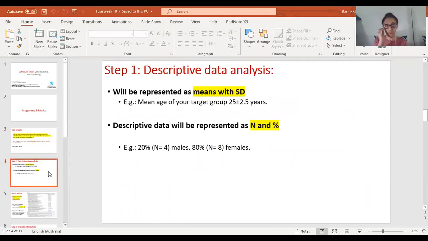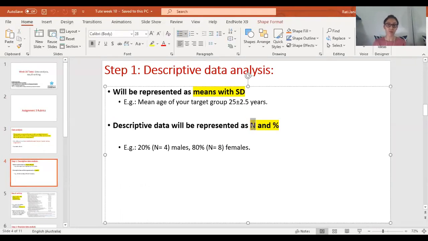Then before I go to the SPSS analysis, the very first table which you will be reporting is descriptive data analysis. So what is descriptive data? This is something which you can do simply on Excel if you don't know how to use SPSS, which is calculating your means, your standard deviation, your percentages, your frequency.